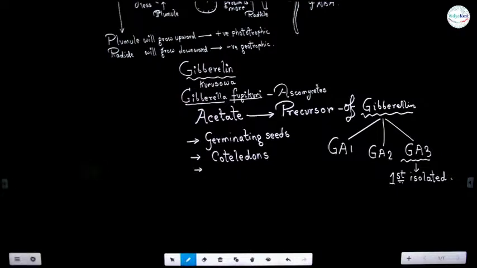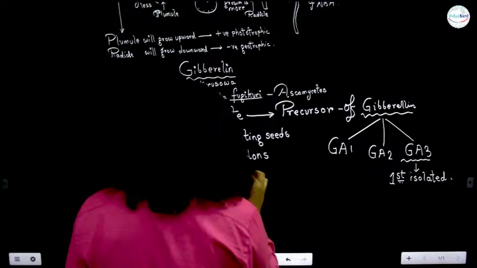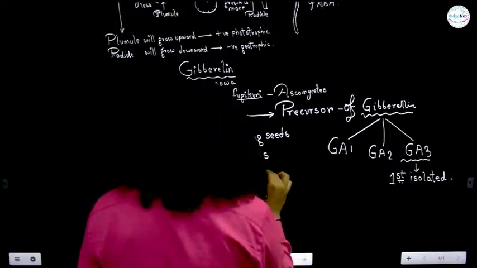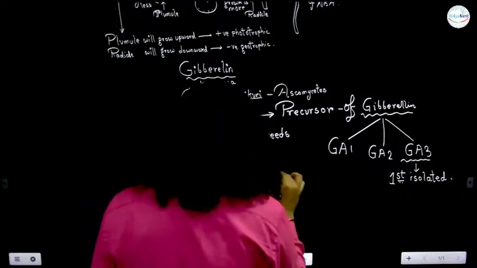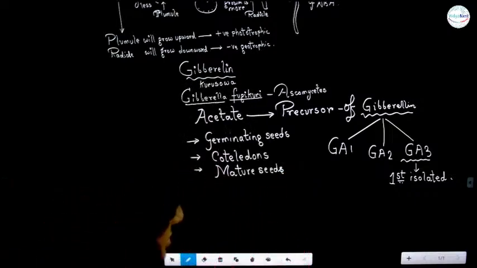That means they are found to be associated in the mature seeds. This is the germinating seed, this is cotyledon, and this is a mature seed.